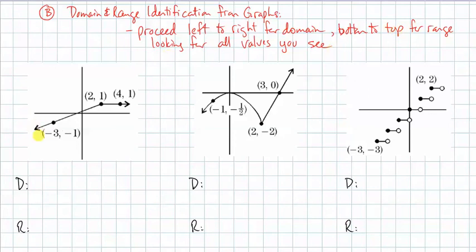Now, we have to watch for arrowheads. Arrowhead means keep going according to a pattern. So this arrowhead here means that it keeps going to the left as well as down. Now, eventually, it's going to go to the left forever. So that's negative infinity. Since it's a line, everything is represented here all the way to 0 into the positive numbers.